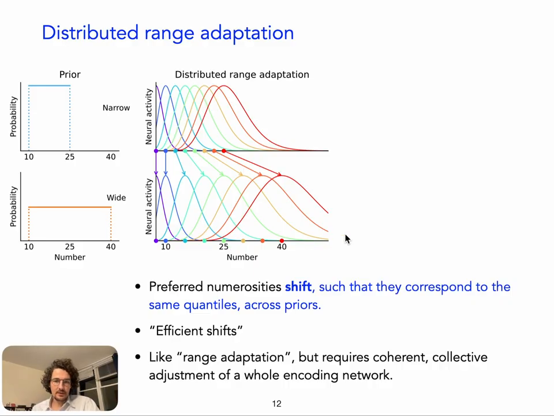And so this shift we call efficient shift, as they essentially implement efficient coding in that the same neural resources are spread out in the wide condition to cover the wide prior. Maybe you've heard about range adaptation in the context of monotonic tuning curves. And so here it's a similar idea, but it requires a coherent and collective adjustment of the whole encoding network.